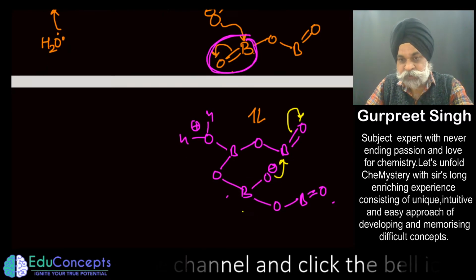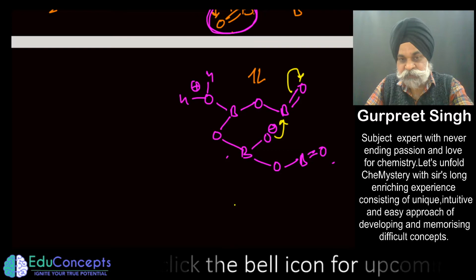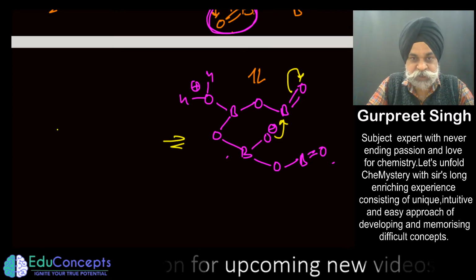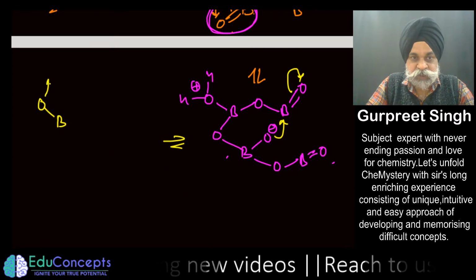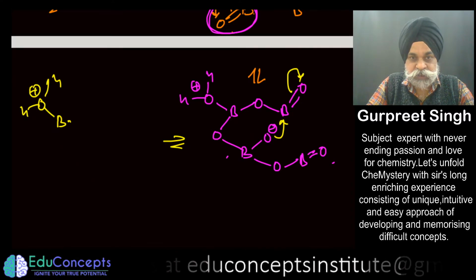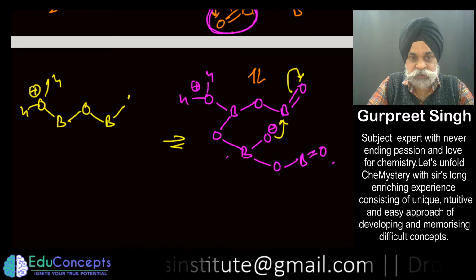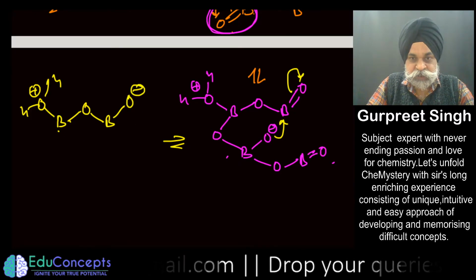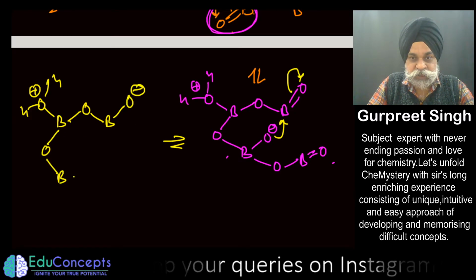Wow. Now it is turning up the thing which we want. Just see here. So this OH positive, this is your BO. Now this has become negative and you got a structure like this.